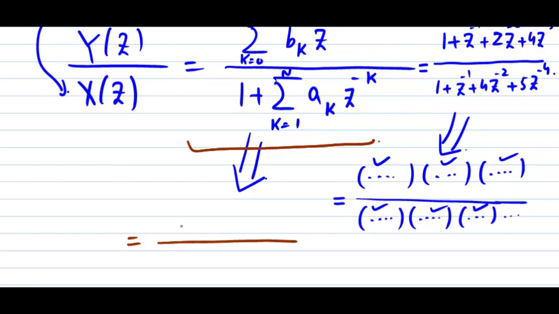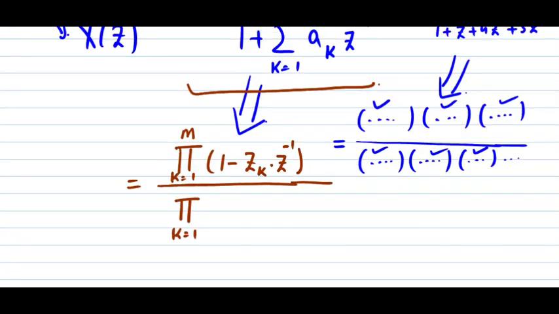So this will be the multiplication over k equal to 1 to m of 1 minus zk times z raised to the power minus 1, and similarly the multiplication over k equal to 1 to m of 1 minus pk z^-1.